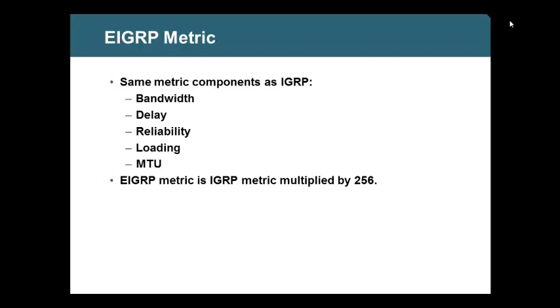So the actual bandwidth, delay, reliability, load and MTU are shared in the update along with the network as an advertised distance. Next time when I do the lab, I'll show you much more details like advertised distance and so on. If you rewind this video, you will see that.